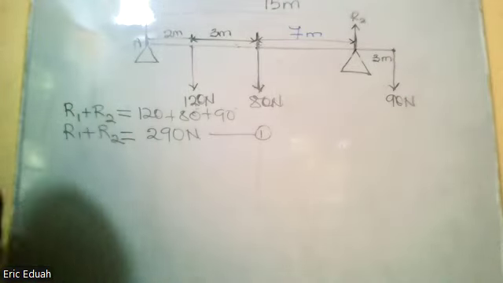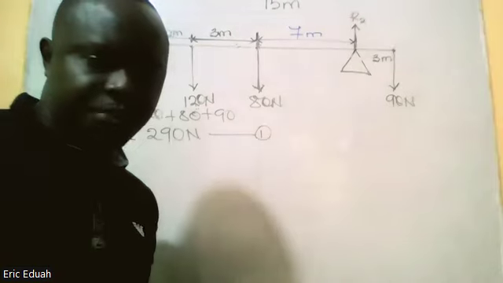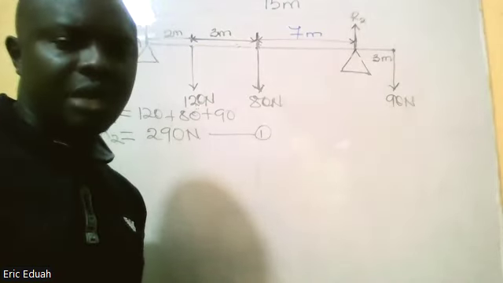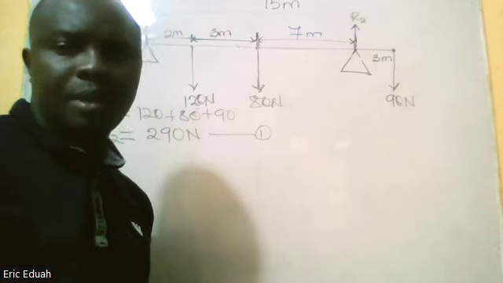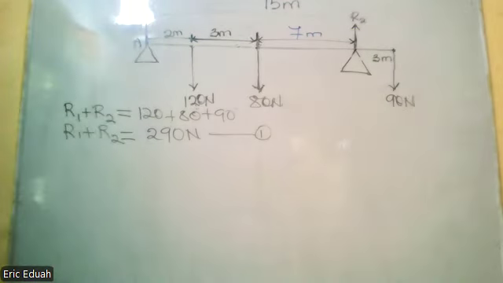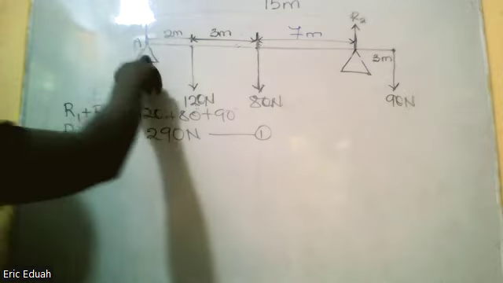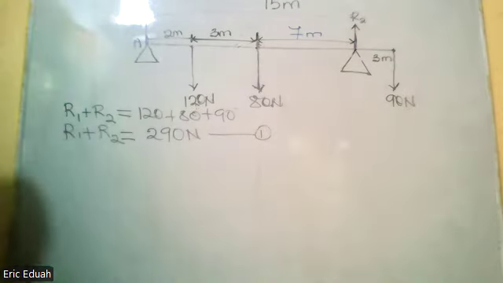Now, whenever you have a two-pivot problem, you take moment about one of them. The choice is yours. It can be this or that. So let's pick moment about one of them.